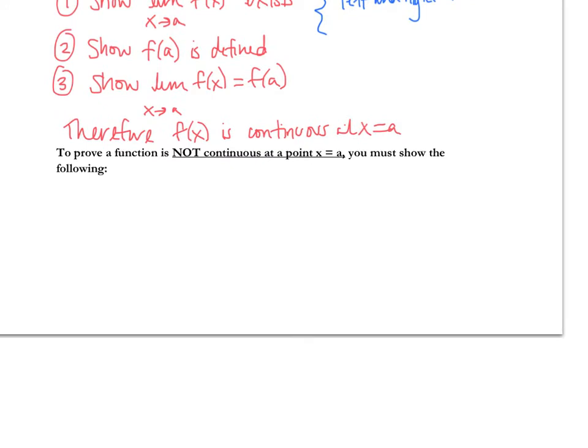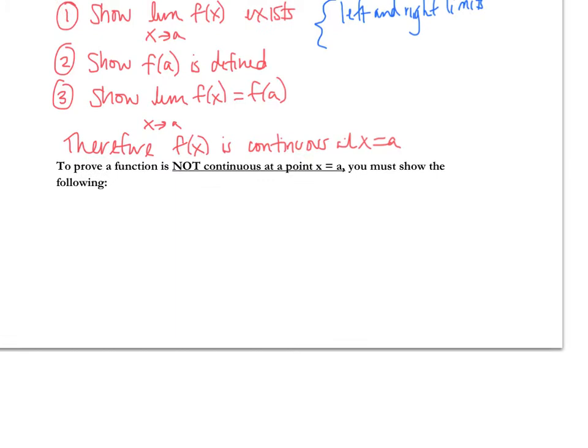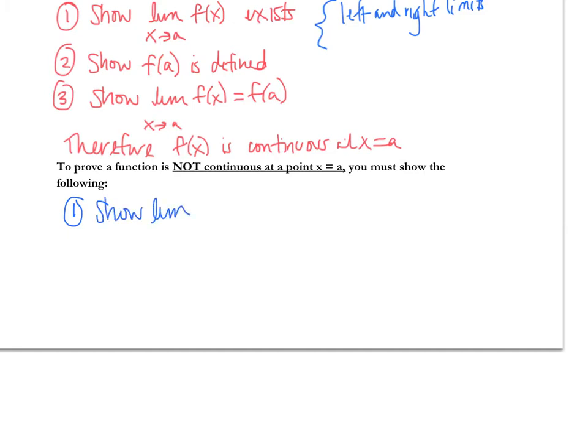So to prove that a function is not continuous, there are a couple different ways that we can do this. You don't have to show every way that it doesn't work, but you have to clearly state one reason. And basically, you're going to refute one of each of these points up here. So the way that you could show that step 1 doesn't work is you could show that the limit as x approaches a of the function does not exist.